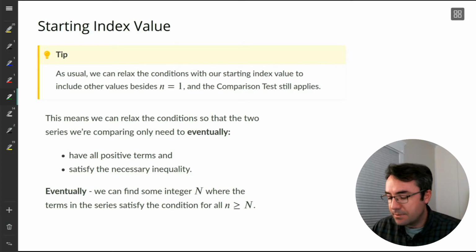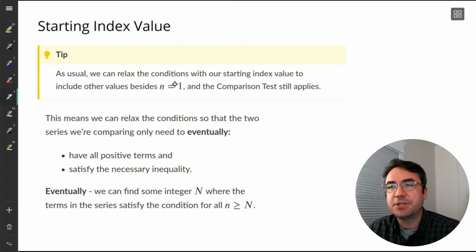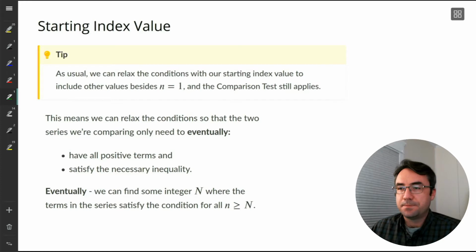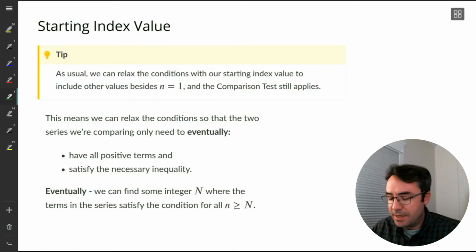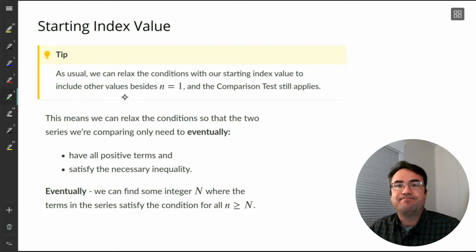And so we can relax the conditions a little bit in the statement of our comparison test, and the test still works. We don't necessarily have to start directly at n equals 1. We maybe have to go a little further into each of our sequences, and that's okay. The comparison test would still work.